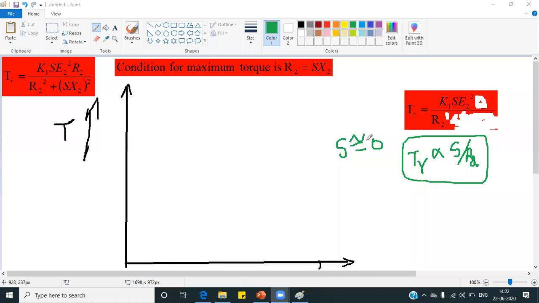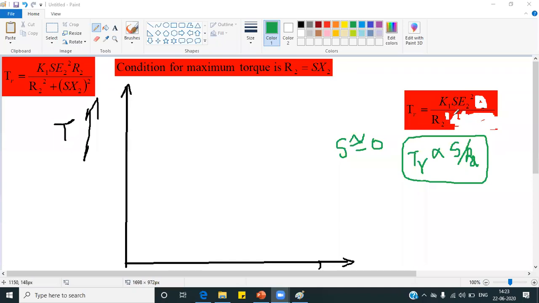When slip is almost equal to 0 or nearer to 0, what is here? S into X2 whole square. So 0.1 whole square will be very, very less, 0.01. Compared to that, R2 square will be very high. So S X2 makes 0, and R2 square becomes R2 in the denominator.